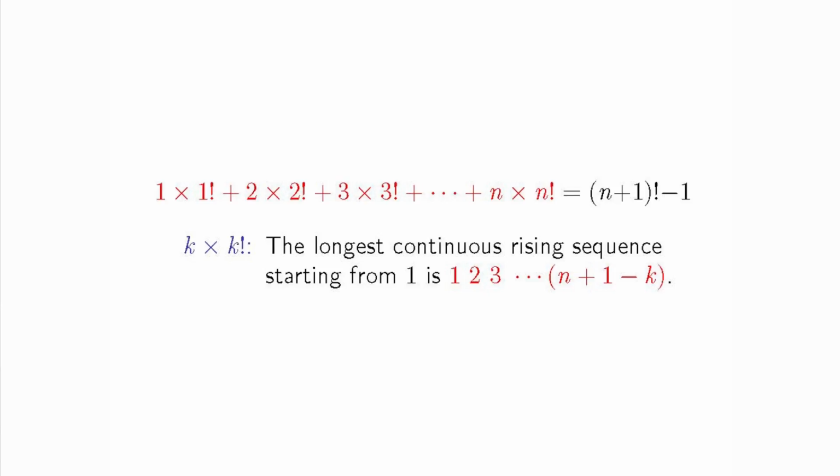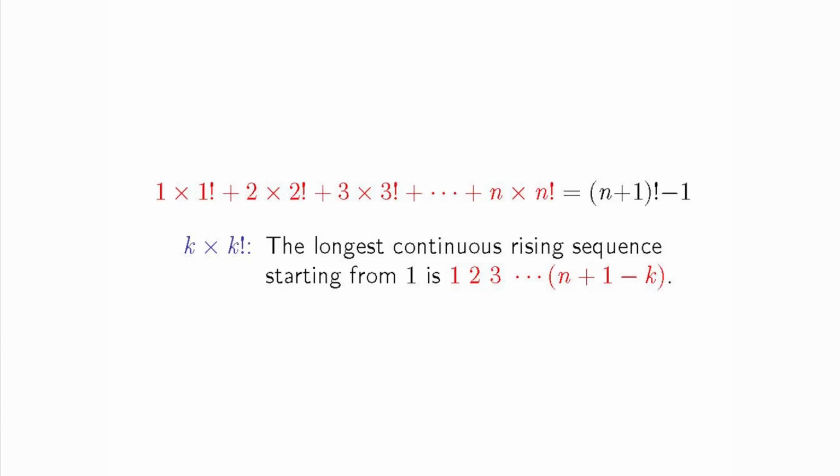For the left-hand side, for each term, let's say k times k factorial, this is the number of sequences such that the longest continuous rising sequence starting from 1 is 1, 2, 3, 4, 5, all the way up to n plus 1 minus k.